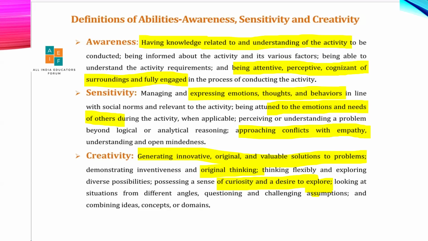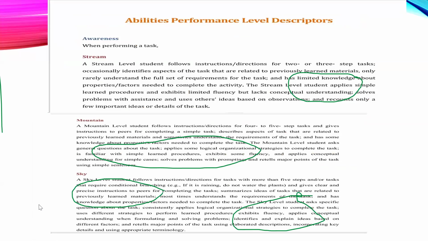And then creativity also is related to all the domains. So these 3 abilities are related to the domains. And this is a lens, okay? So these 3 lenses you have to keep with you handy: the awareness lens, the sensitivity lens, and creativity lens. So that will give you a fair idea of what the child is according to the abilities, where the child is.